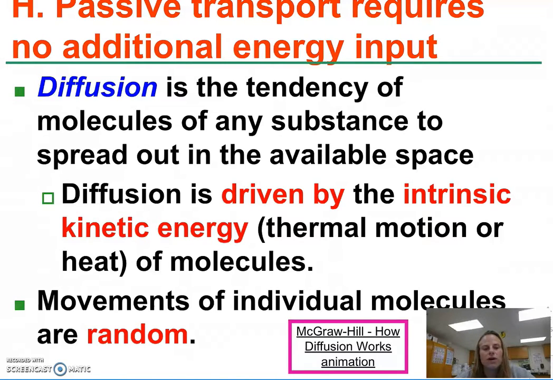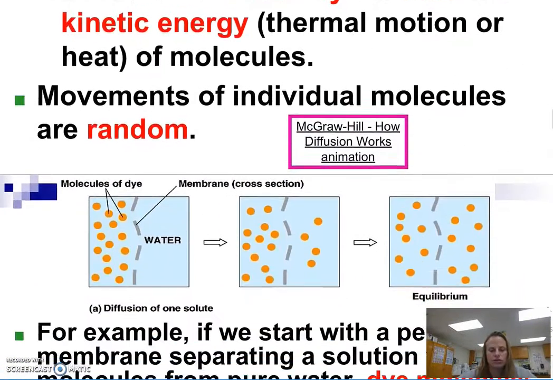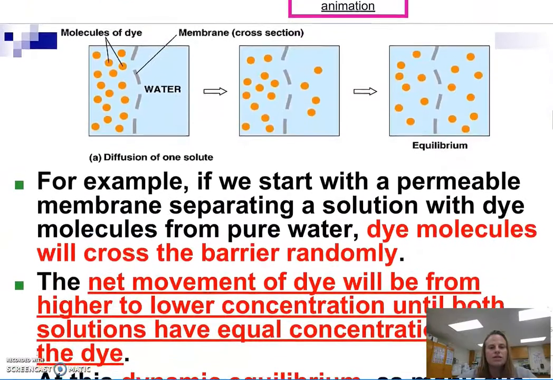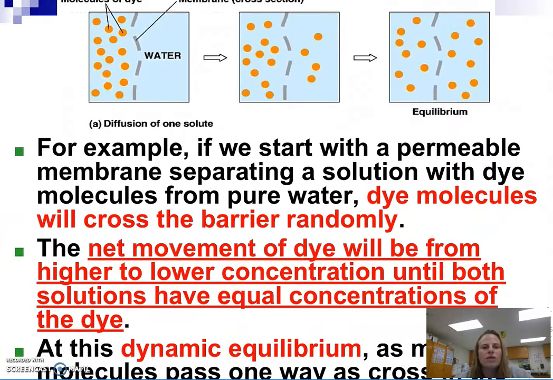So, for example, if I were to increase the temperature, I would increase the rate of diffusion because I'm increasing the kinetic energy. Take this situation where I've got molecules of dye on one side of a semi-permeable membrane. There's a high concentration on the left side and a low concentration of the dye on the right-hand side.